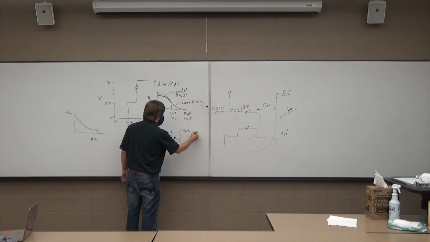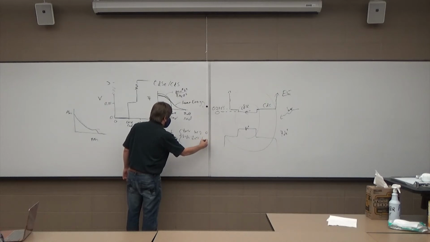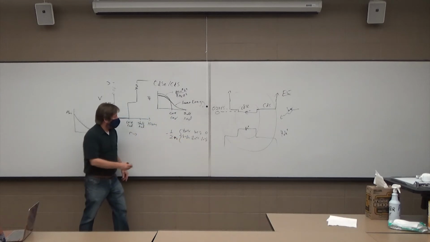Then what is this one? It's 1 over r. Then what do you got over here? Minus 1 over r squared, right? Something like that.